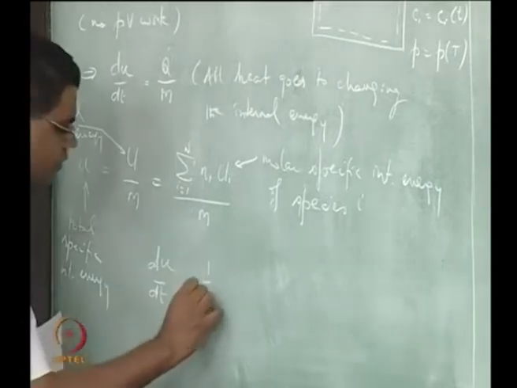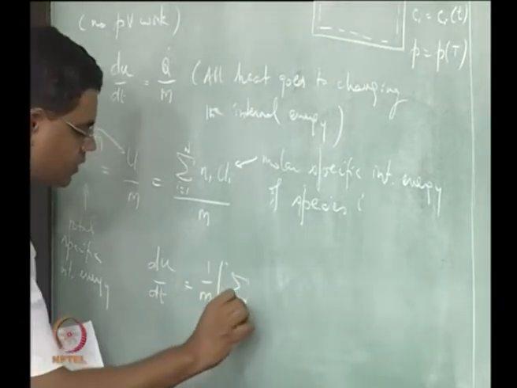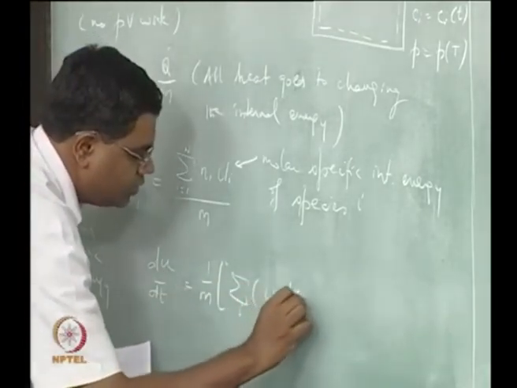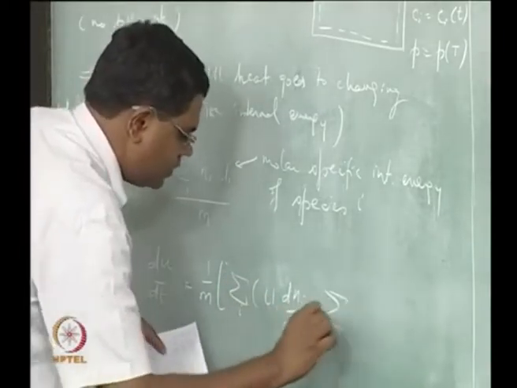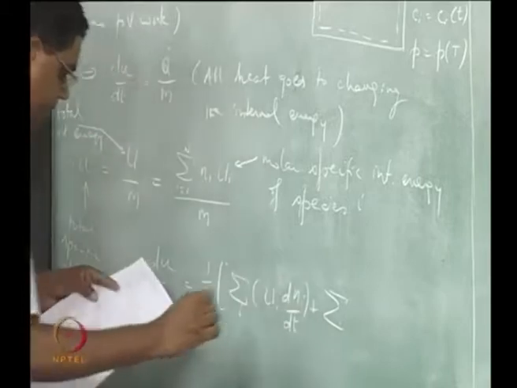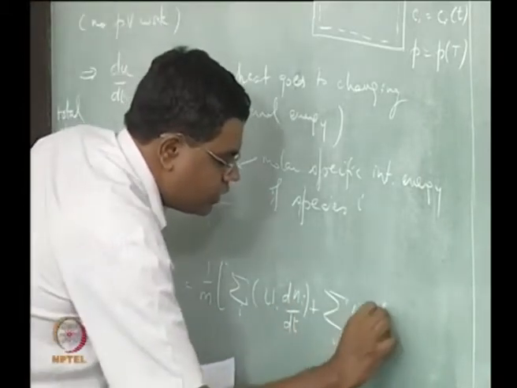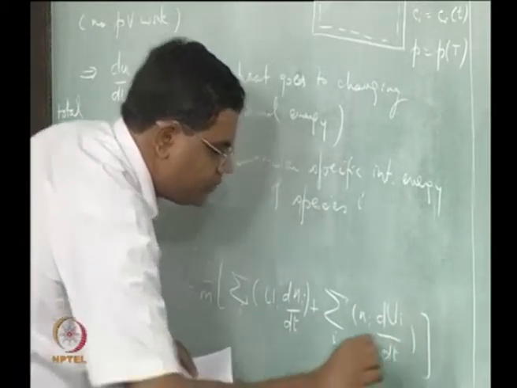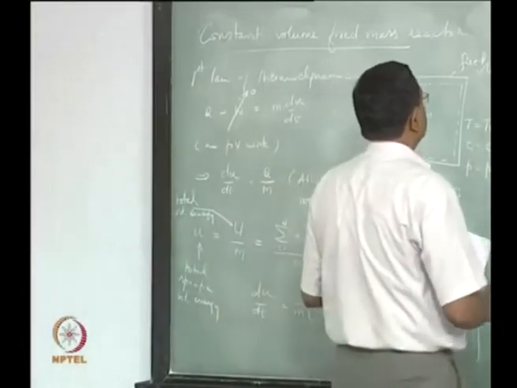So this is 1 over m sigma i capital Ui dNi over dt plus sigma over all i Ni dUi over dt. There are two contributions.